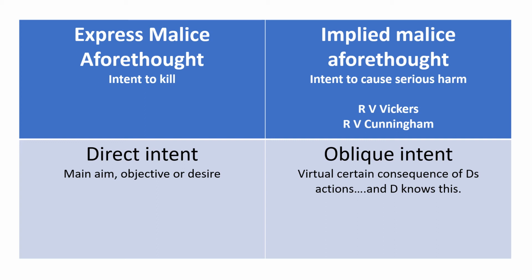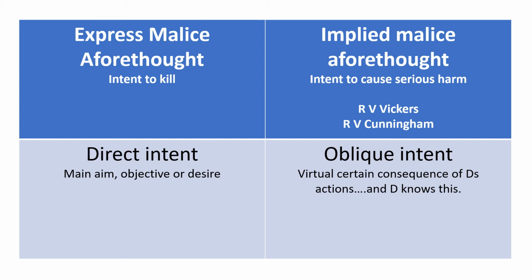If it's oblique intent, again it needs to be oblique intent to kill or oblique intent to cause serious harm. So oblique intent means we follow the Nedrick test, and the first part of that test is that death or serious injury, depending on what we think, is a virtually certain consequence of the defendant's actions. So that's the objective element.